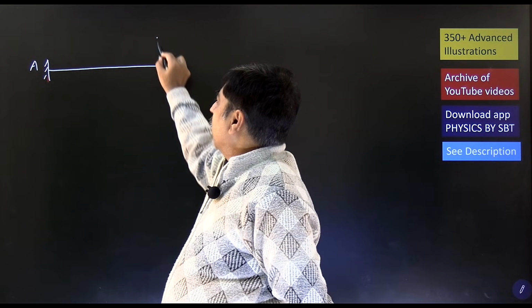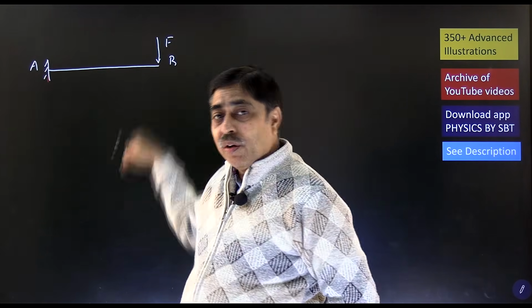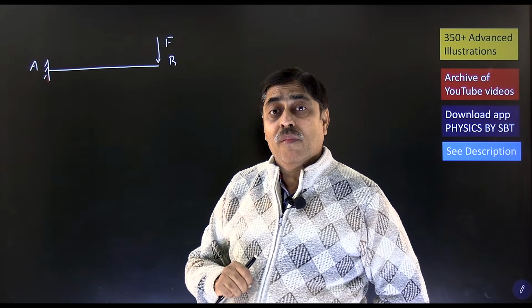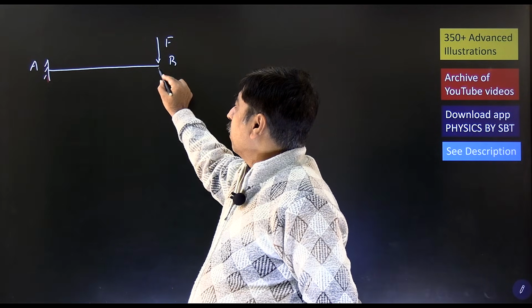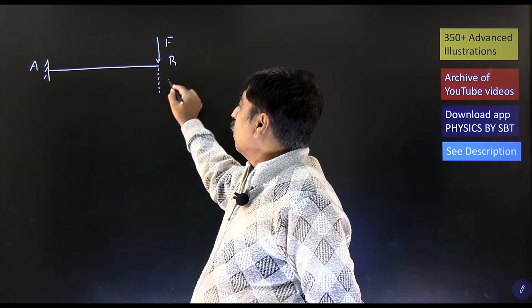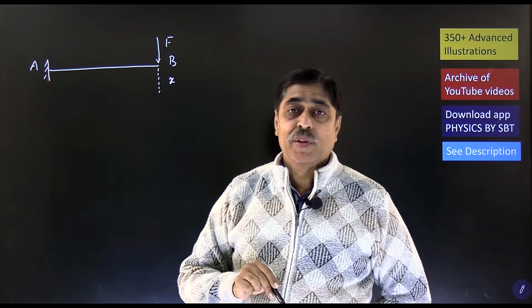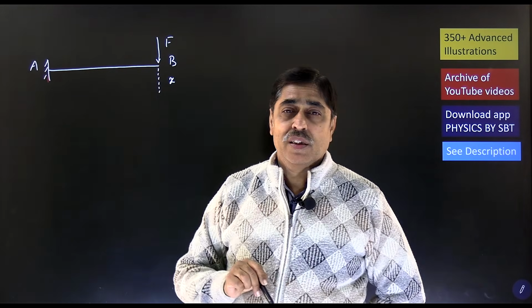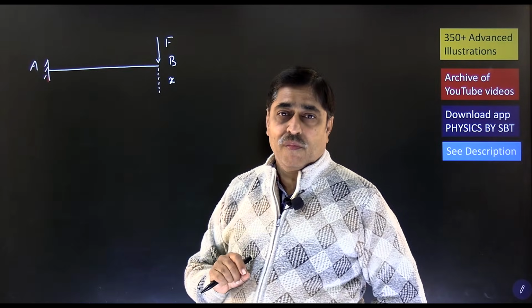Now you apply a vertical force like this and push the end B of the rod downward so that it gets bent. The question says that this required force F is proportional to the vertical displacement of point B. If you push this end B down by x, the force is proportional to this distance x.